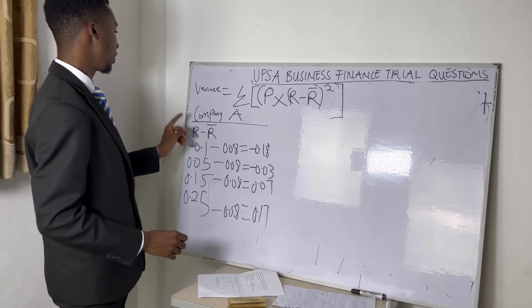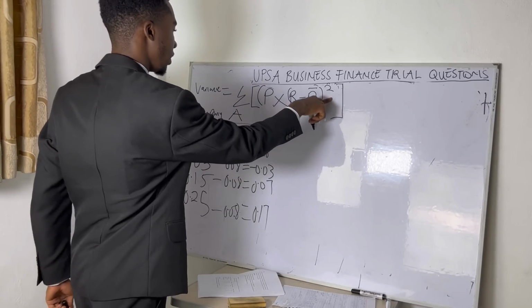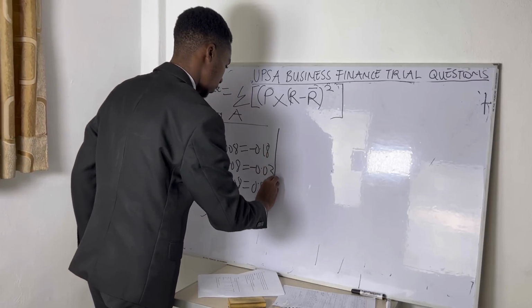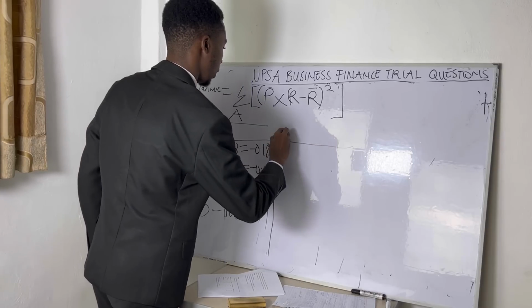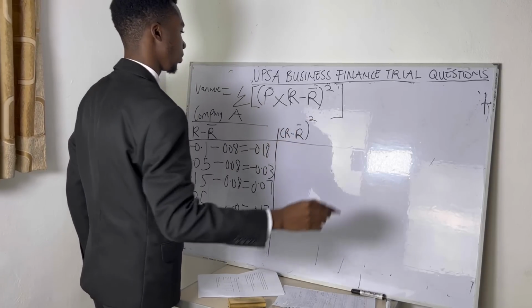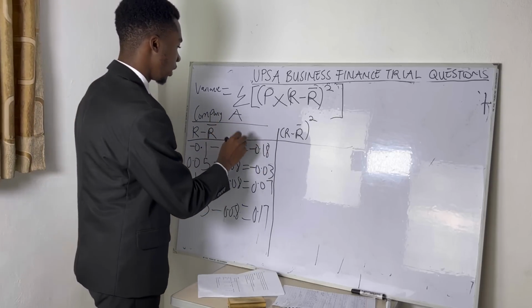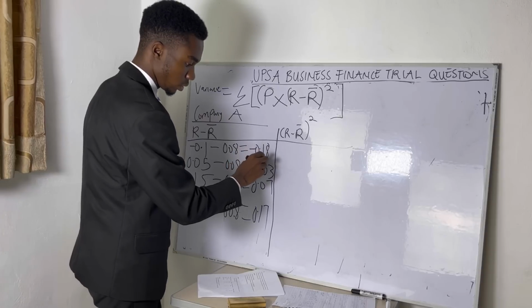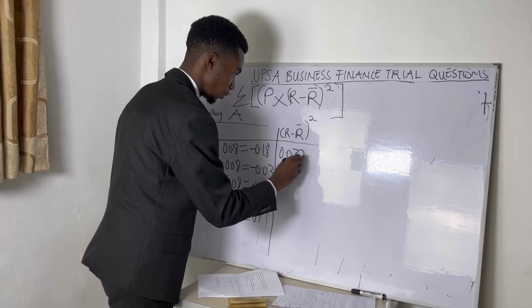So now we found our return minus the expected return, but we need to square it because the formula says squared. So now we square everything here. So we are going to find the return minus the expected return squared. When you square negative 0.18, you are supposed to get 0.0324.